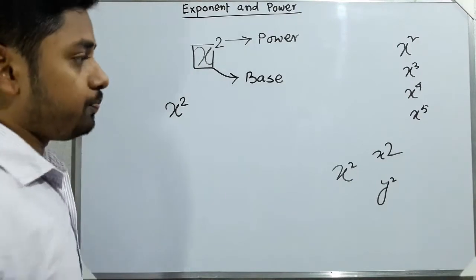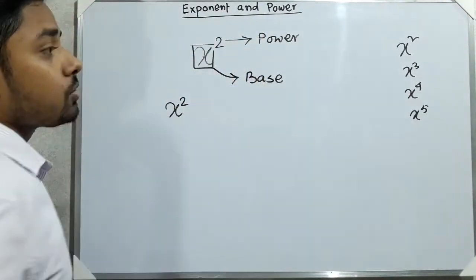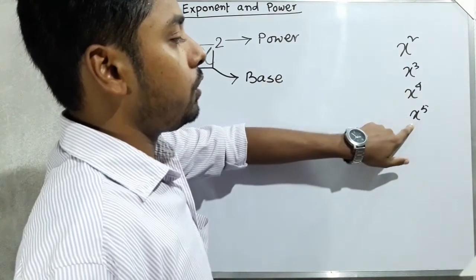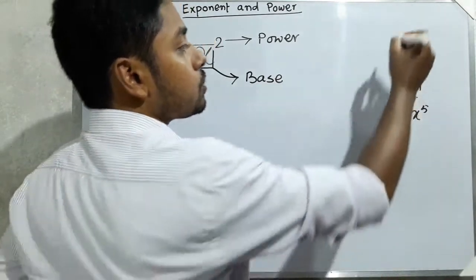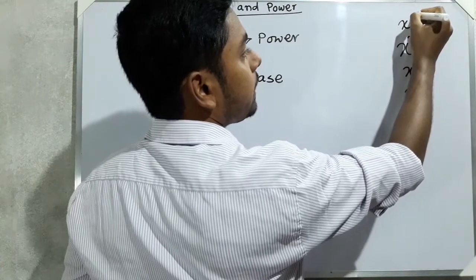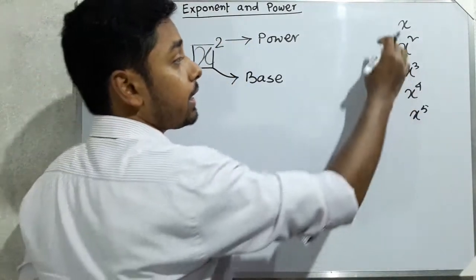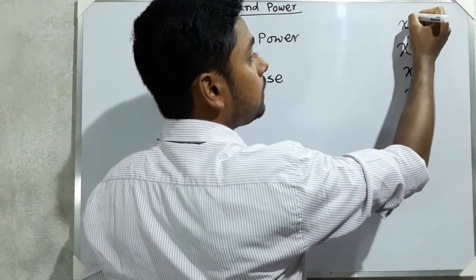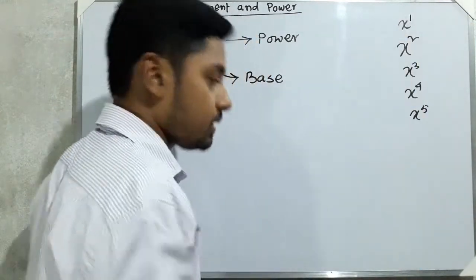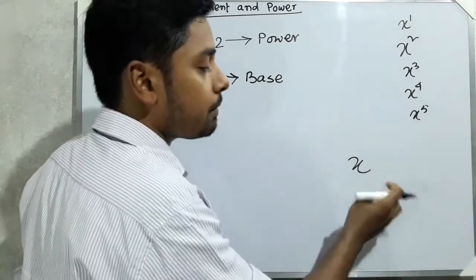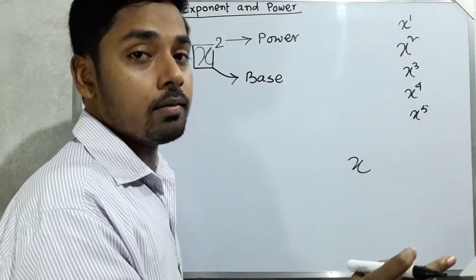So here x to the power 2, x to the power 3, x to the power 4 and x to the power 5. First of all, suppose here is x to the power nothing. That means what? Here x to the power nothing means it will be 1. Suppose I am writing only x. That means you have to think x to the power nothing means x to the power 1.